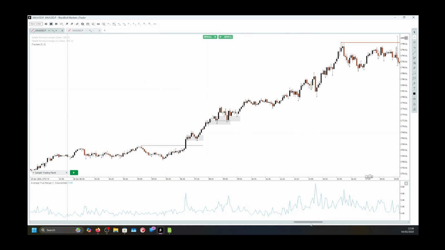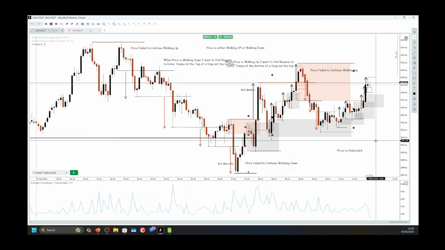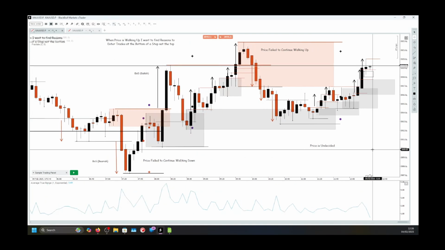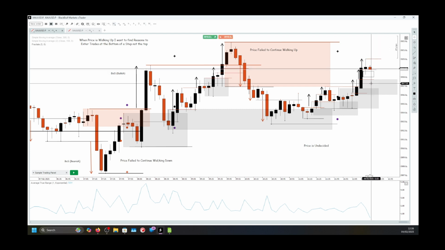And that's the difference between that and what's happening now. What we're getting now is a lot more efficiency.